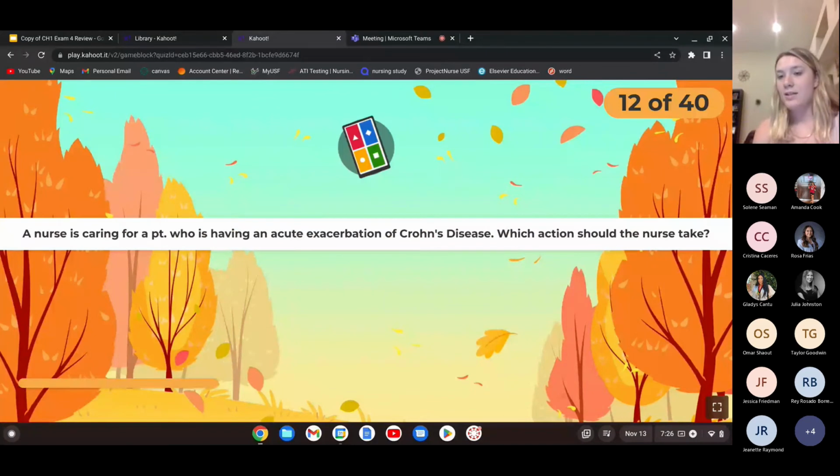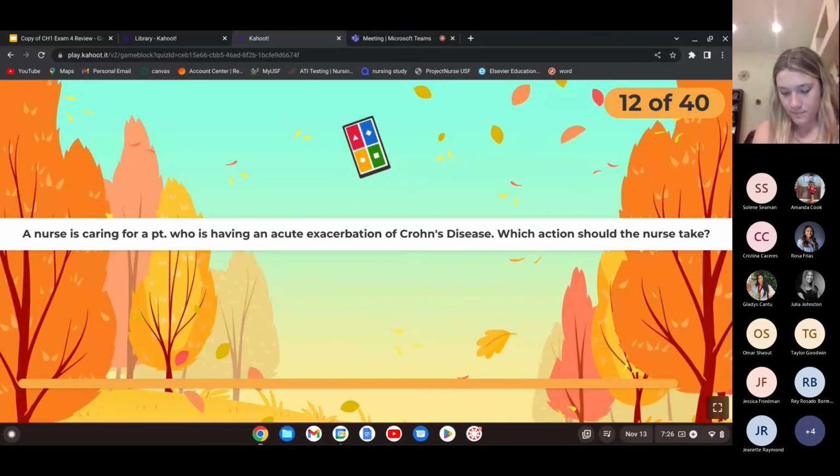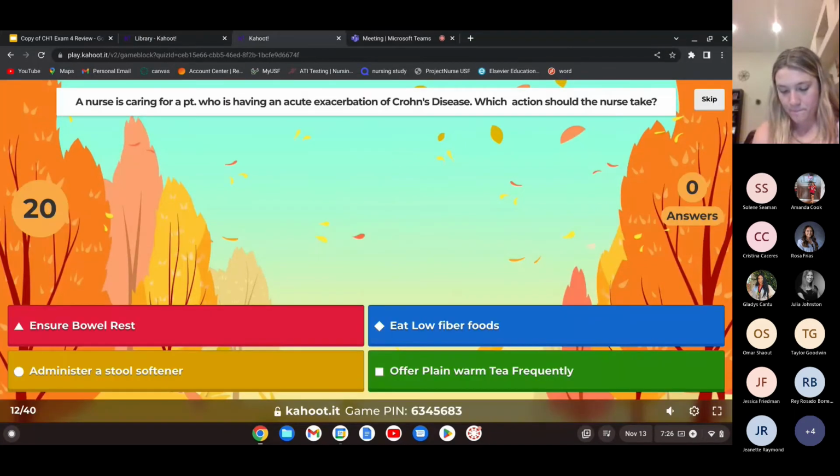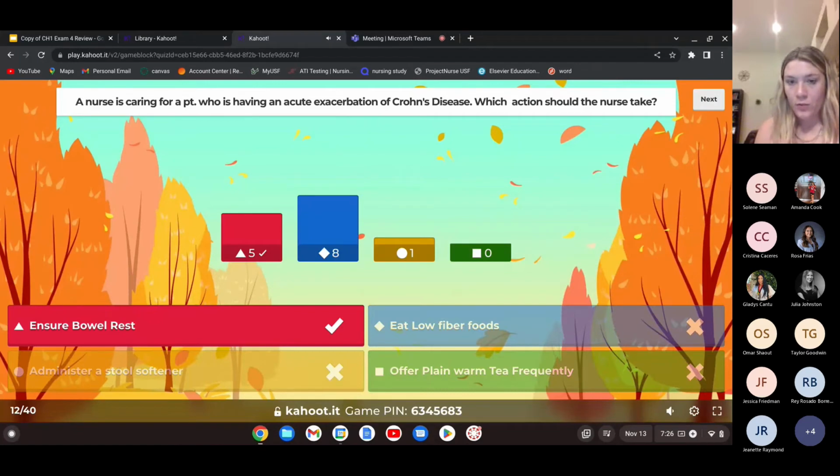A nurse is caring for a patient who is having an acute exacerbation of Crohn's disease. Which action should the nurse take? We are going to want to ensure bowel rest for these patients.